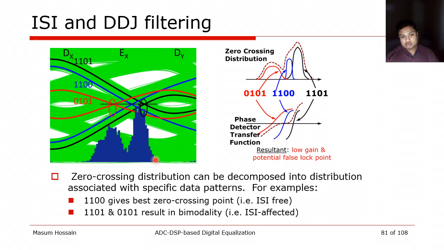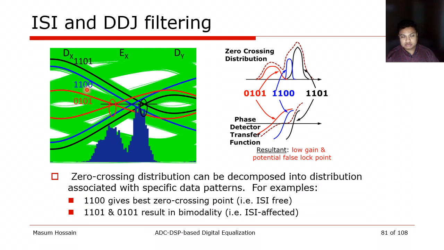But we take this one step further and decompose this zero crossing distribution into each individual pattern that contributes to it. For example, the 1010 and 0101 patterns created the left peak of the distribution. Similarly, 1101 and 0010, these two black traces, create the right peak of the distribution, and they both are ISI impacted.